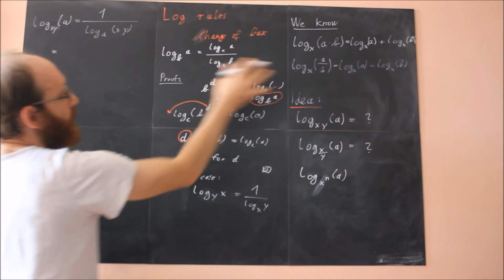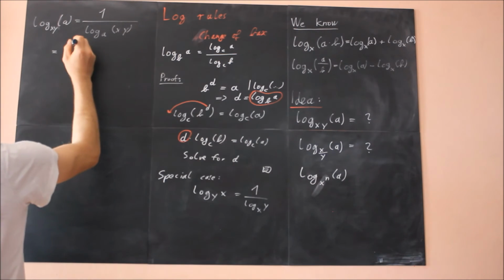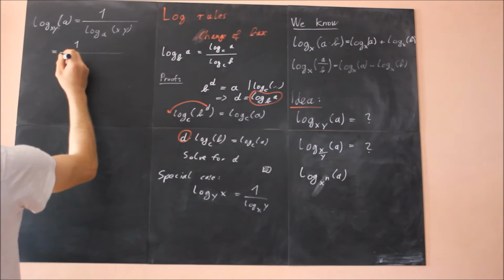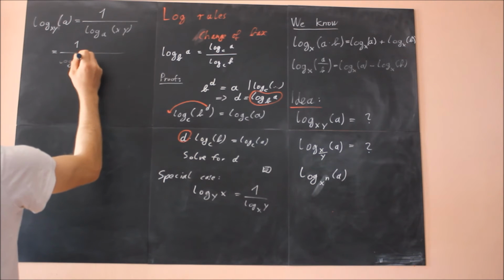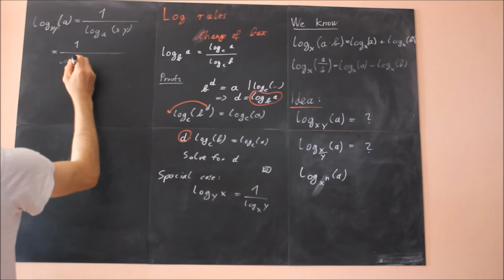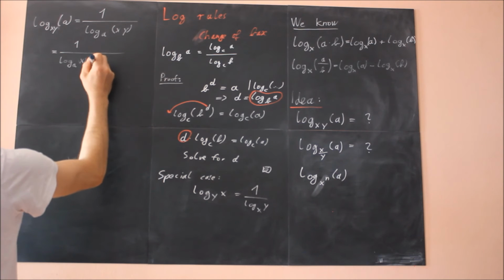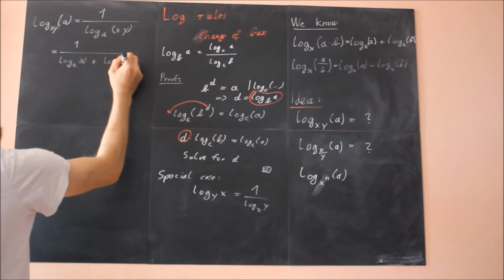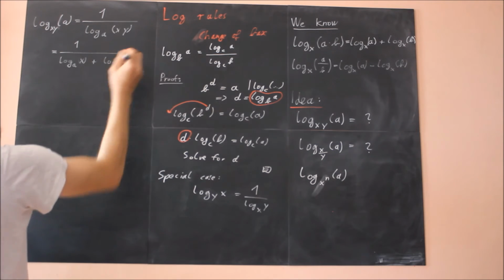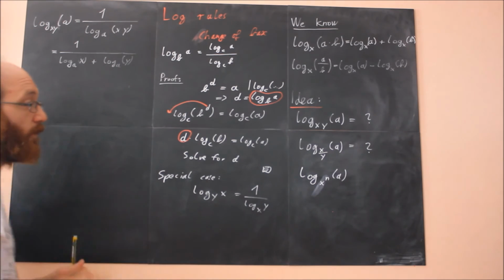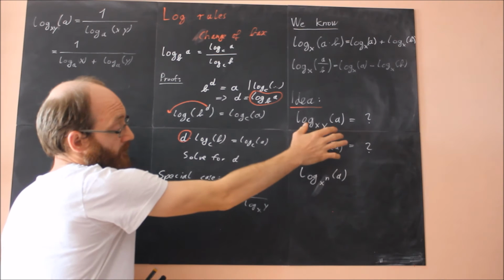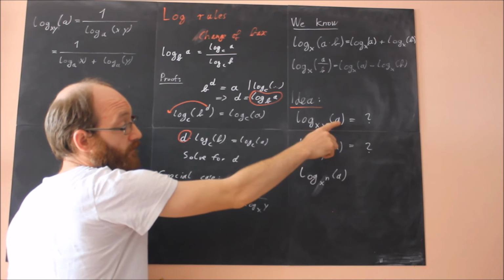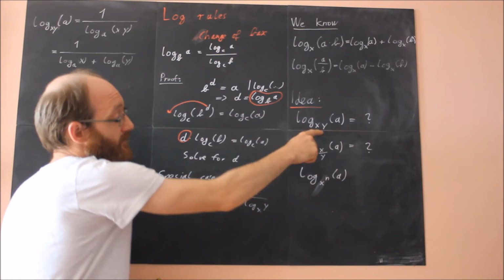Now by our basic formula we have 1 over log x to base a plus log y to base a, and we want this expression in terms of base x and y.